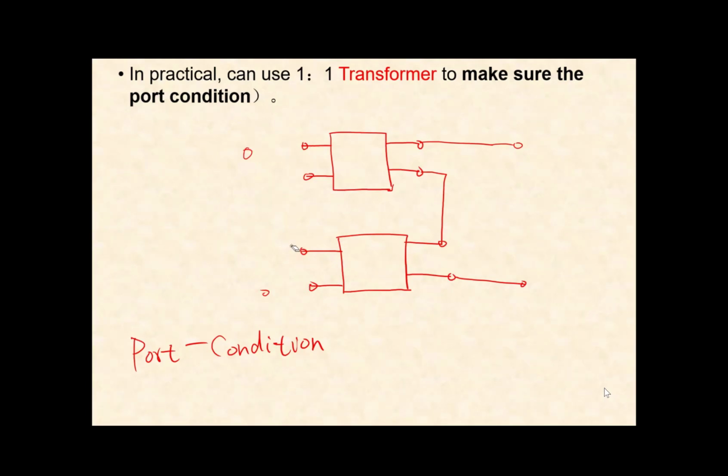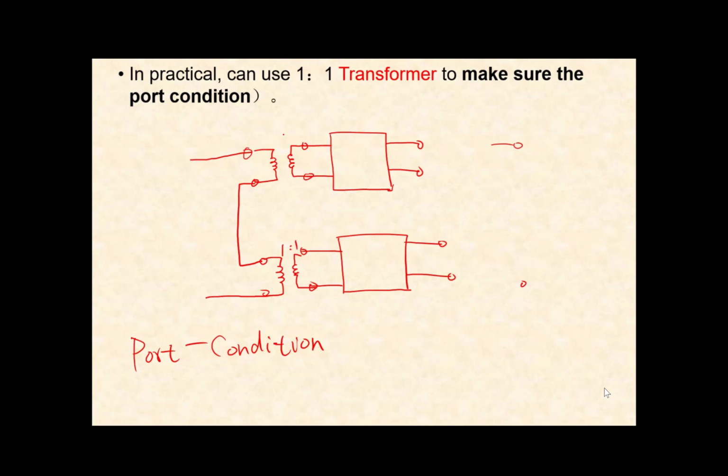For example, how to add a transformer? Add a transformer here, and then here. Then serial connect through the transformer.